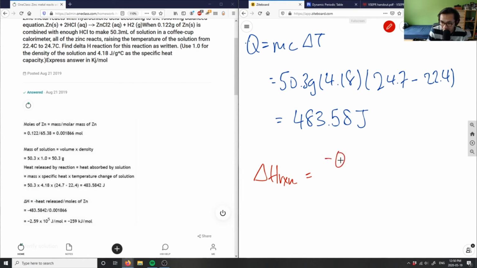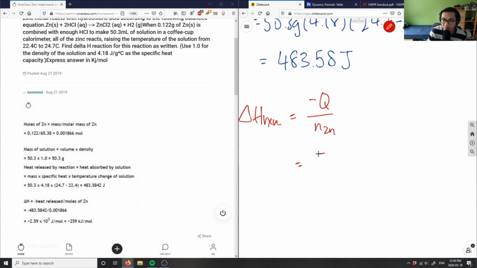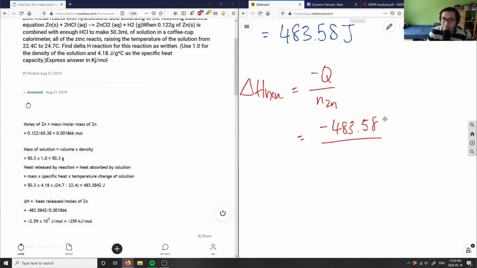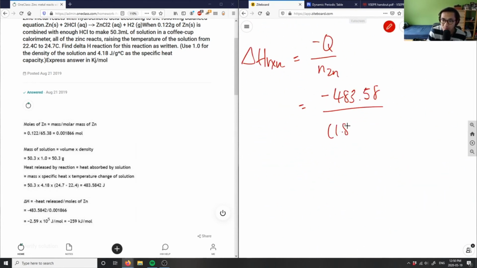This is an exothermic reaction, divided by the moles of zinc. So this is negative 483.58 divided by the moles, which was 1.87 times 10 to the negative 3 moles, in joules.